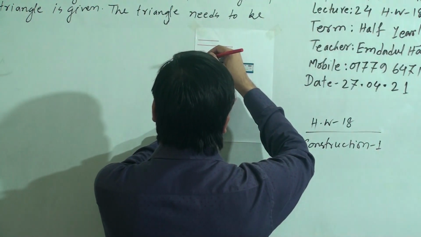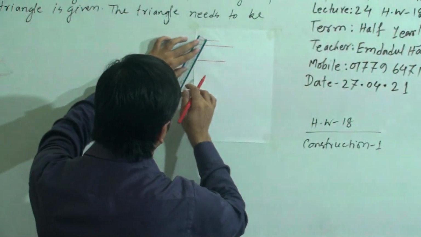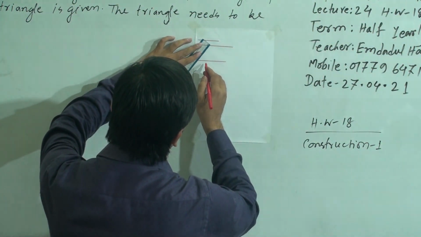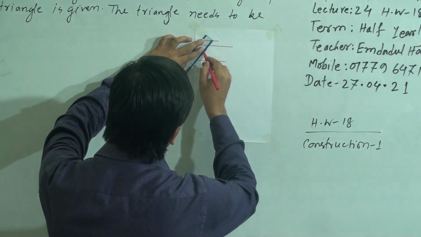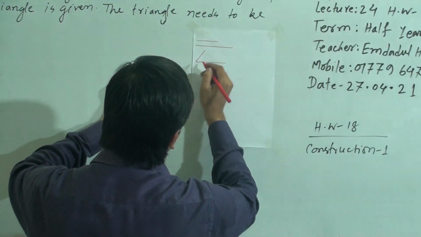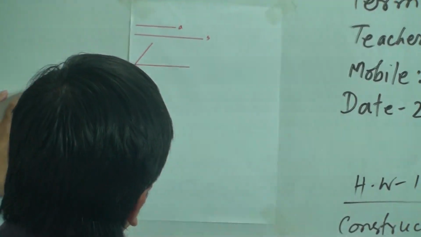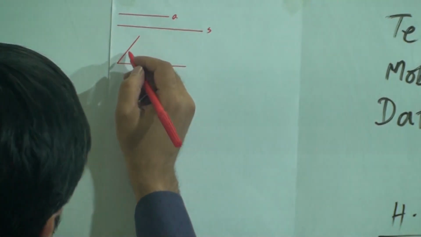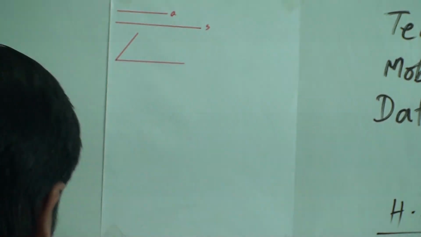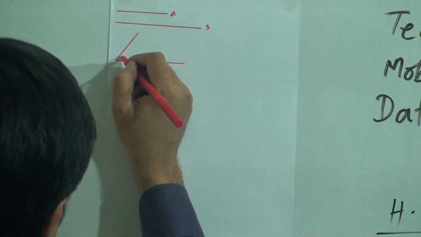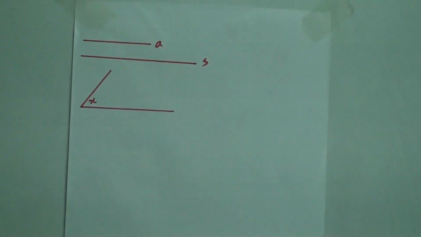We can draw the angle here. This is the vertical angle. We can denote the base by A, the sum of the two sides by S, and the vertical angle by angle X. Now we need to construct the triangle.